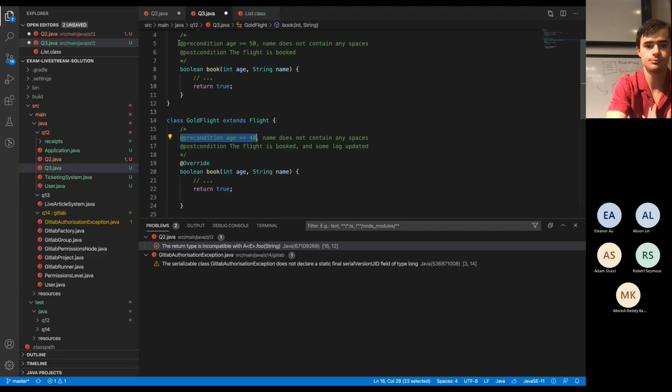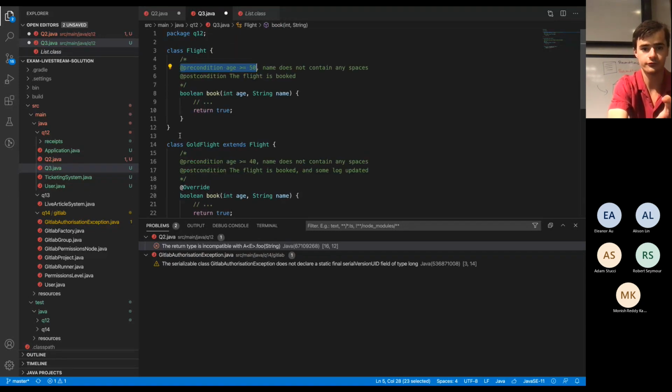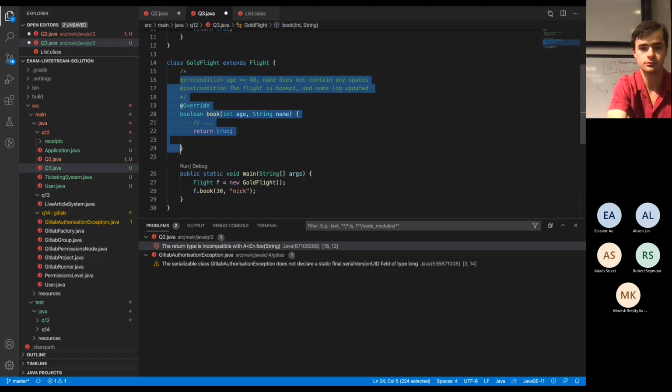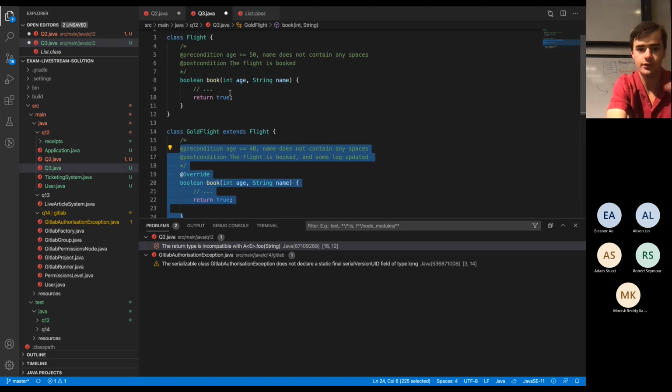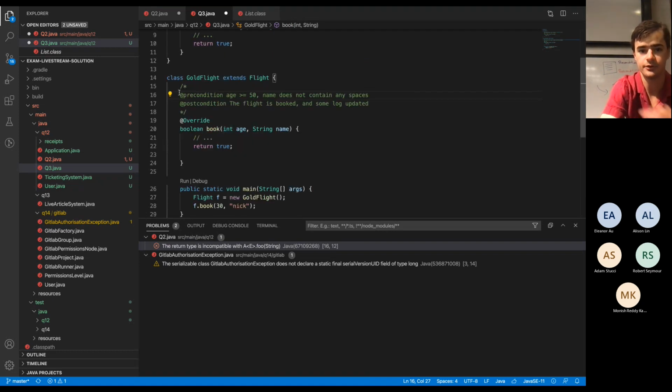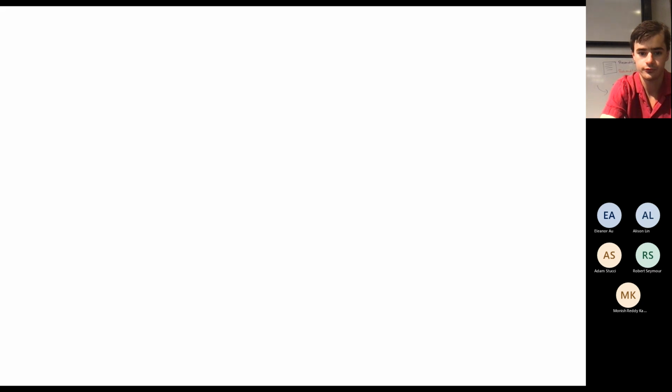It's like, okay, to book a flight, I'm 55, and I assume that's the case for this flight class, and then I get to the subclass and go, okay, well, 55 is still greater than 40, so you're still all fine. Whereas if we had it the other way around, I'm 41, but then I try to book it, but it's actually saying no, you can't. Those conditions have changed on me, so that violates LSP. Does that make sense?